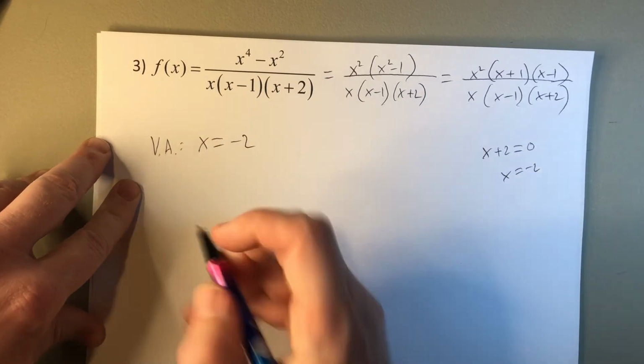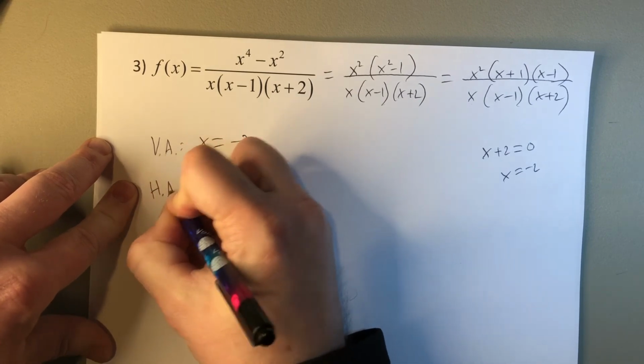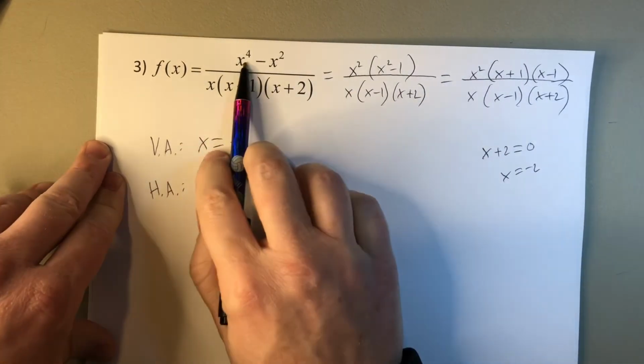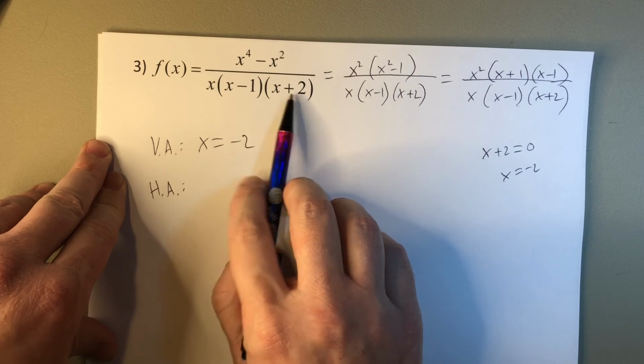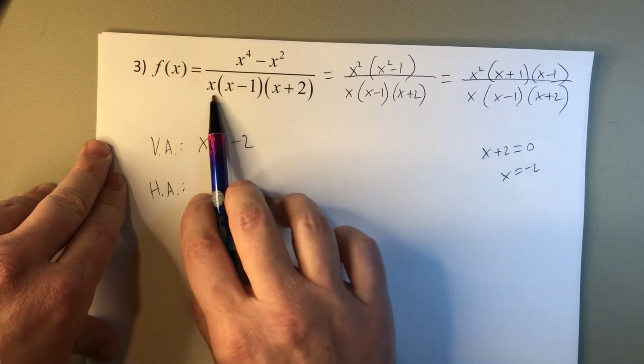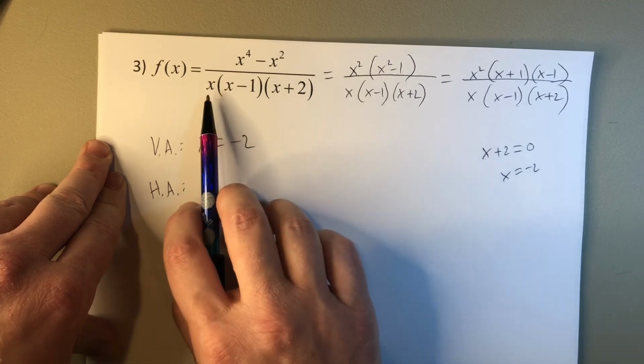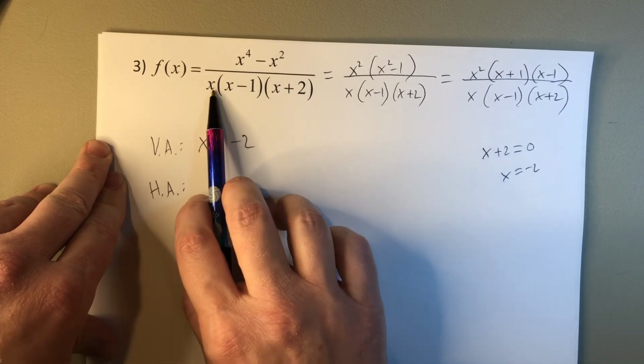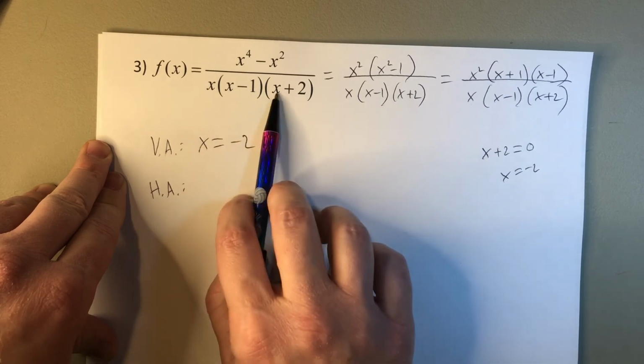All right, now, what about horizontal asymptotes? Well, I go back to the original one here, and actually, in the denominator, do you see, if you were to multiply these three factors together, that your leading term would be what? x times x times x, or x cubed.